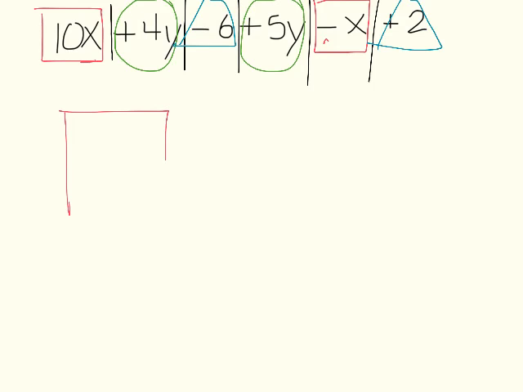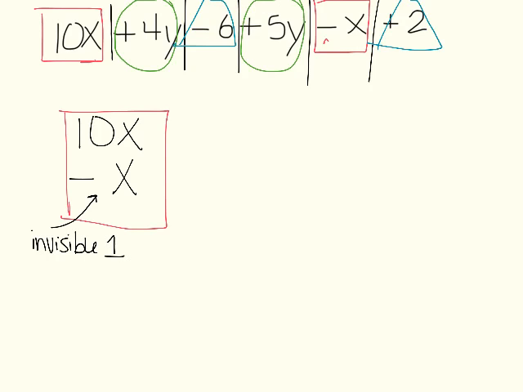So here in our pink box, we had a 10x, and we had a negative x. If you do not see a coefficient in front, what we have right here is kind of like an invisible 1. There's a 1 right here. Okay? And then we have in our greens, let's make that a circle.